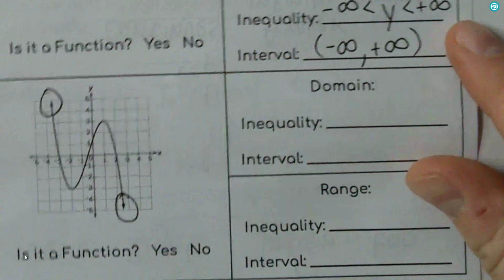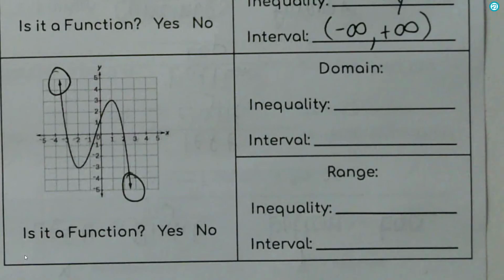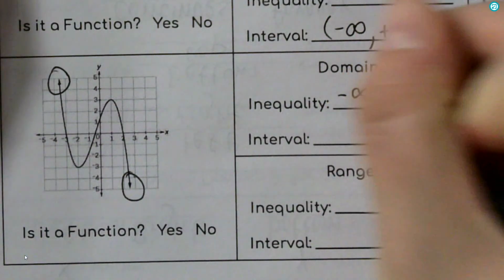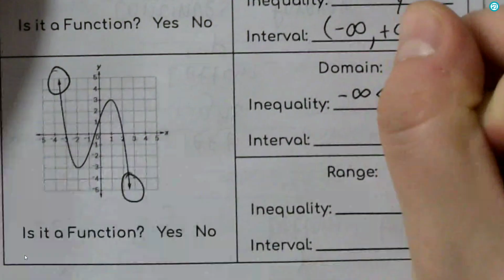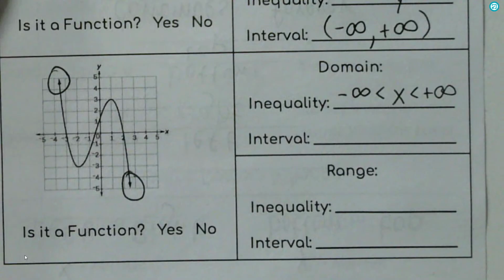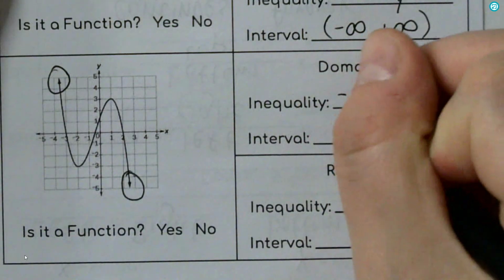So that means our domain here is negative infinity to positive infinity. So in inequality notation, that's negative infinity is less than x is less than positive infinity. In interval notation, same thing with parentheses.